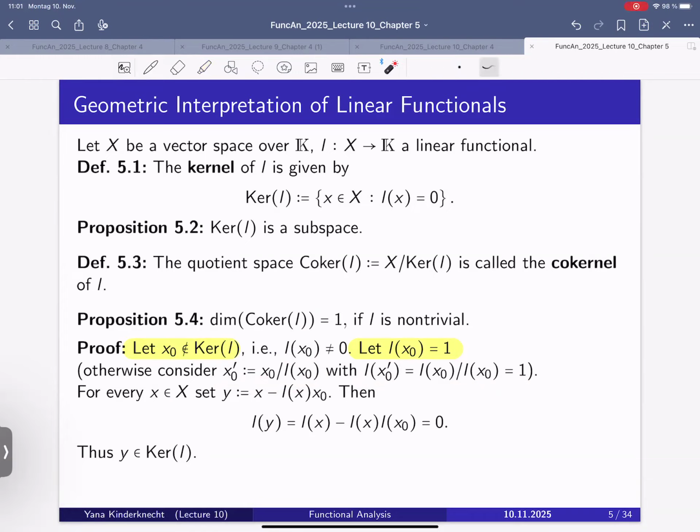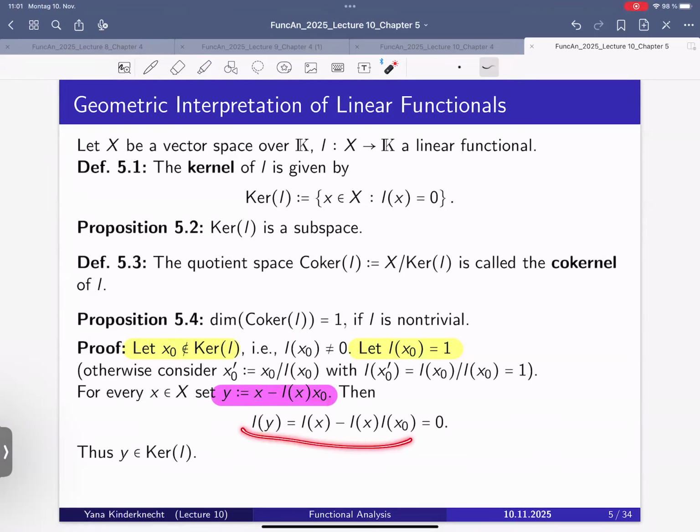Then for every element x of our space, consider the element y defined as follows. We see that L evaluated at y, using the linearity, is L of x minus L of x, which is a constant and can be pulled out, times L of x0.